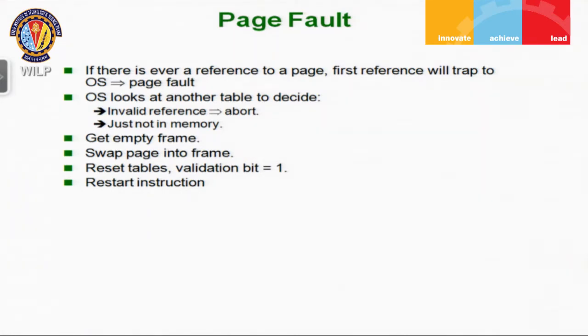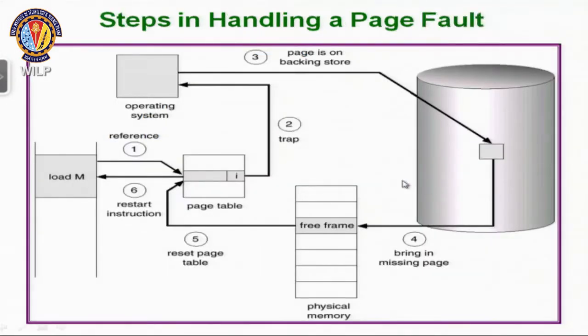This particular thing we will try to explain with the help of a diagram. Let us say that we have a load instruction, which tries to access some memory location from where it loads the data. The first thing is that a reference is generated to the memory location through the page table. From the logical address you get an entry in the page table, and you check whether the value of i is 1 or 0.